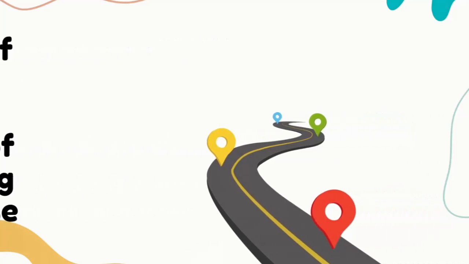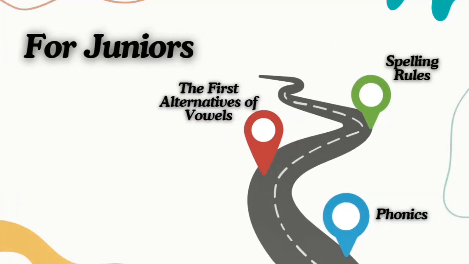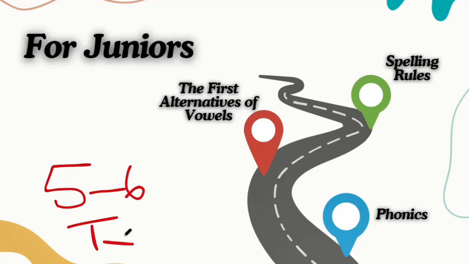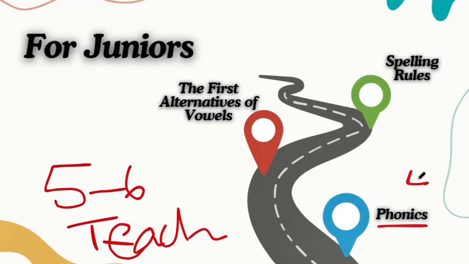So this is the sequence for our junior kids. Junior kids means the kids who are 5 to 6 years old, or the kids who are just learning spellings for the first time. So how should you begin? Remember, dear teachers and parents, you cannot dive deeper or teach spelling rules if you don't give children the sounds of English letters, or the 42 phonic sounds.